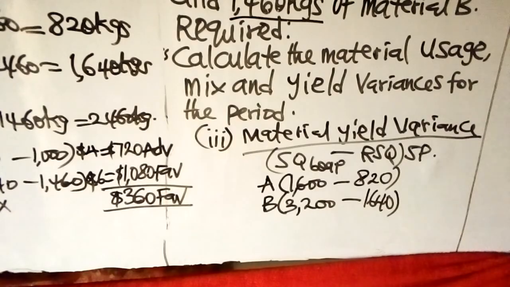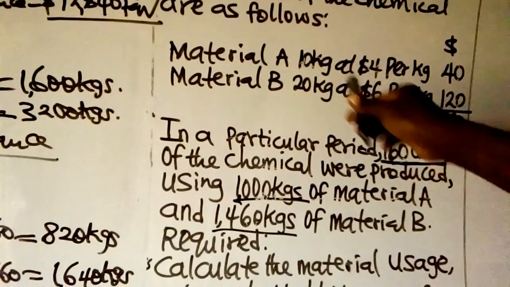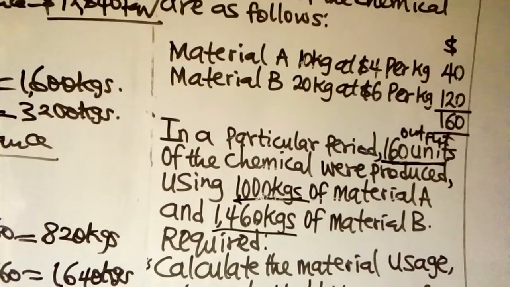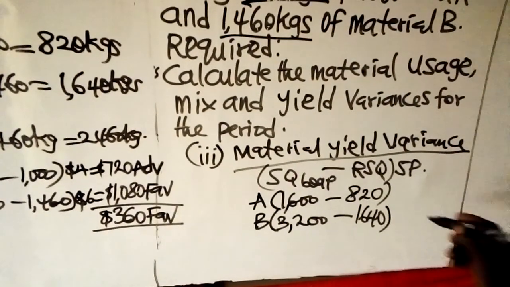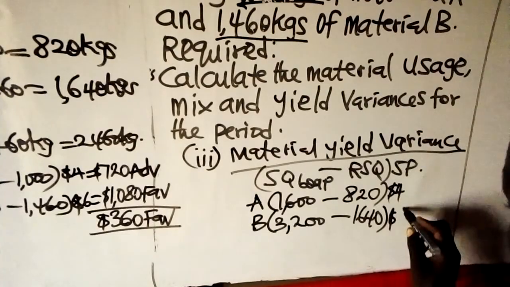Multiplied by the standard price. The standard price for material A is $4, and for material B, $6.